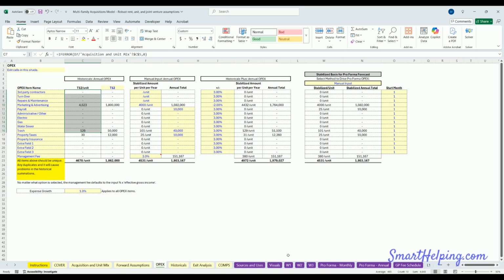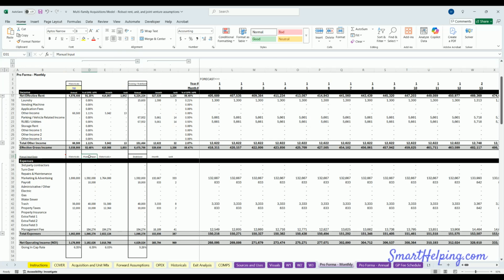And then we'll also do historical plus, which is just the historicals, which is T12 or whatever you select. You could do T1, 3, 6, or 12, and then plus or minus a percentage on those to get the historicals plus. So you have all three expense scenarios against the existing rent.